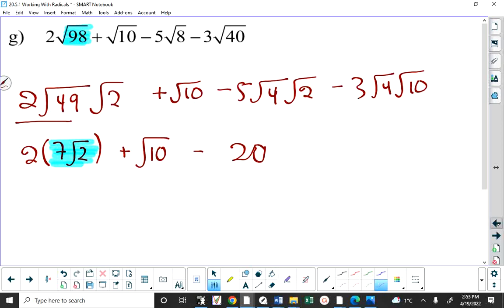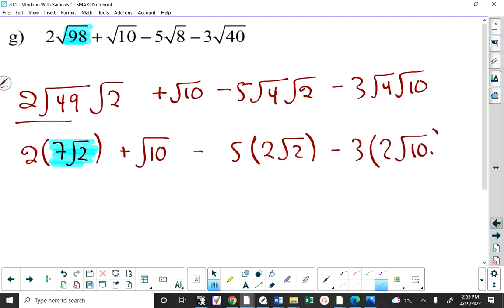But it's not, because root 4 is 2. This is minus 5 times 2 root 2. And this is minus 3 times 2 root 10. And maybe all I'm trying to get at is it's really easy to make mistakes. You can understand exactly what it is you're supposed to be doing, but you make these little mistakes.